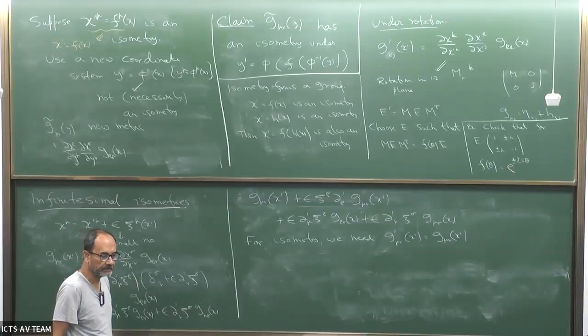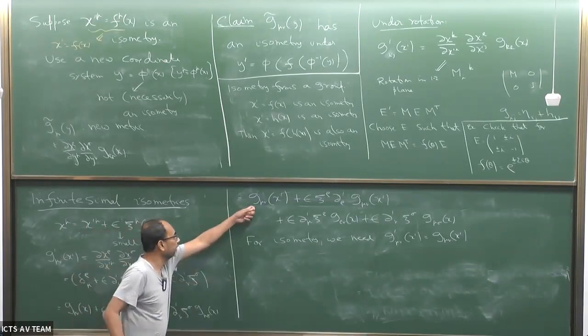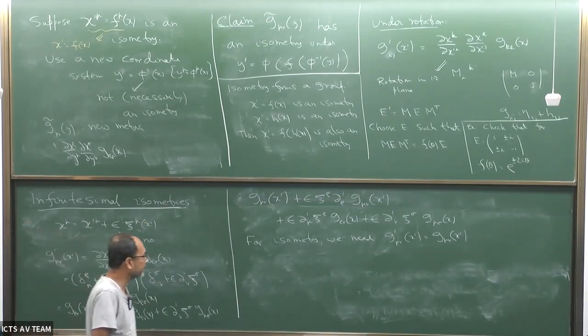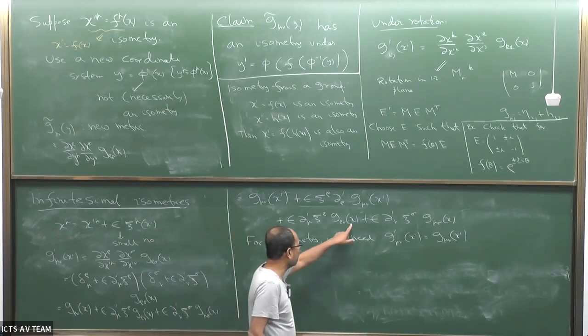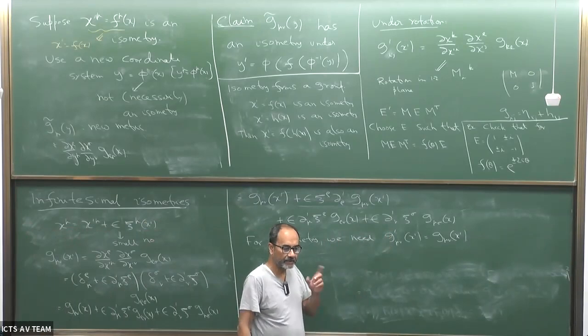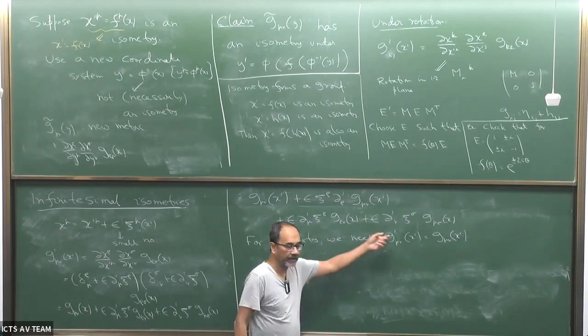So this should be equal to this. All of the terms are evaluated at x prime, but as we'll see, it doesn't really matter because x and x prime differ by order epsilon, and there is already an order epsilon here.